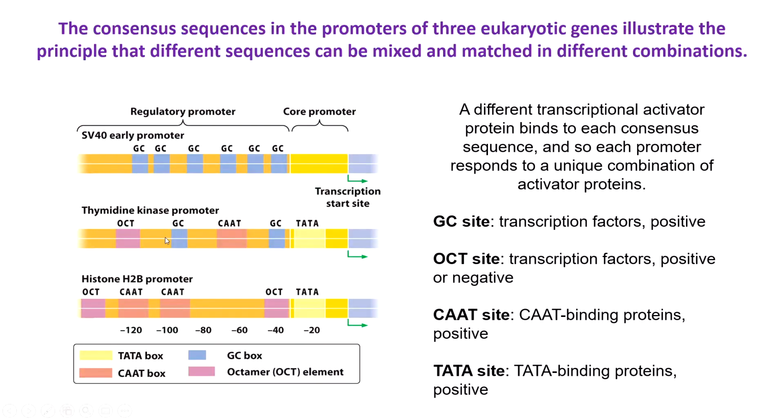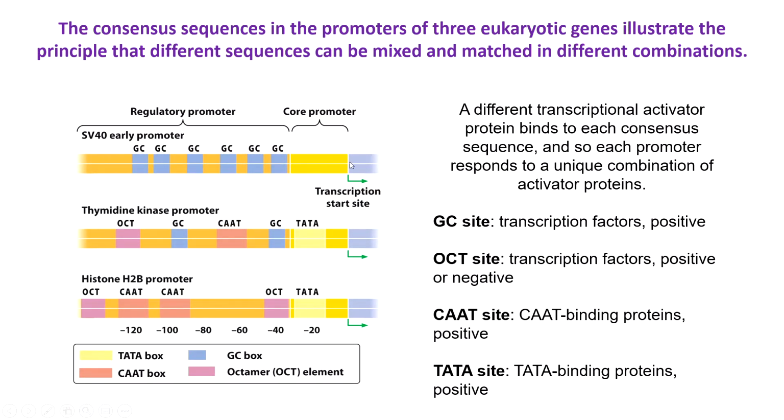There's the GC site, which always binds transcriptional activators, and the CAT site, which also binds transcriptional activators. So you can appreciate that this gene can be increased in expression in response to some signals by binding the GC and CAT regions. It can also be decreased in response to some outside signals by binding repressors to this OCT region.